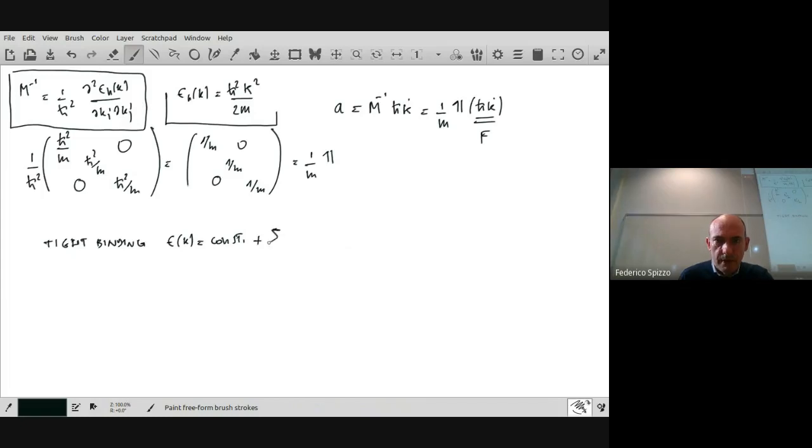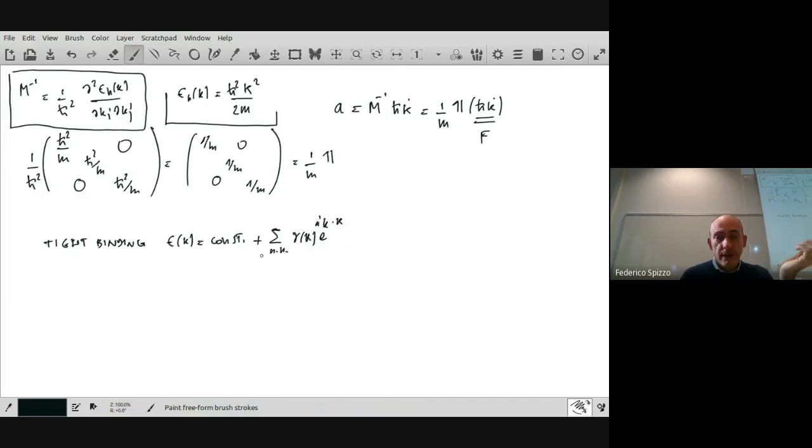So we have a summation over the next neighbors. We have gamma of R e to the i k R. In this case, k gives us the wave vector dependence.